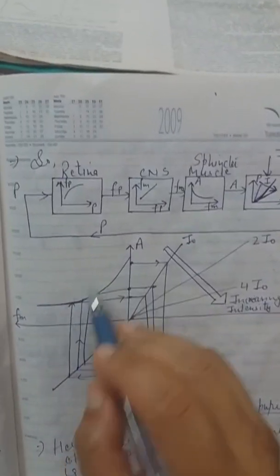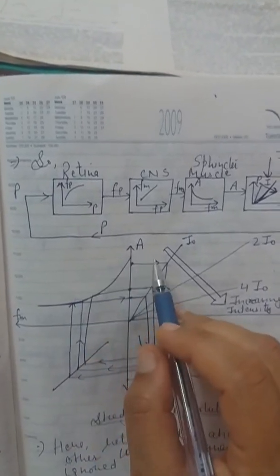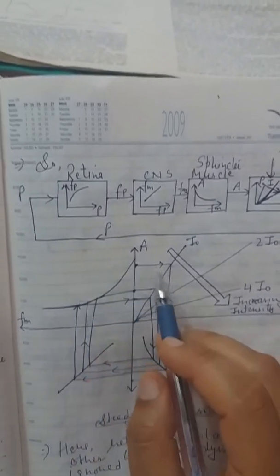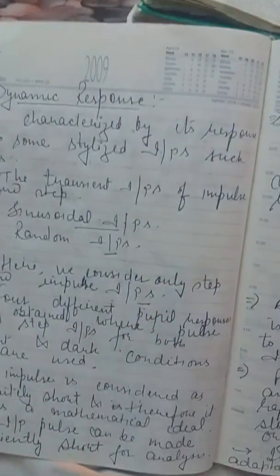So through these iterations the system maintains or controls the pupil area. Here the assumption is that retinal adaptation and other component dynamics are ignored, because otherwise we cannot calculate steady state, we cannot obtain steady state response.